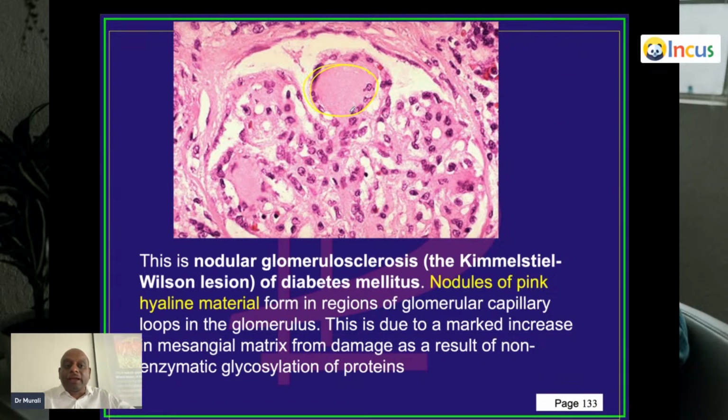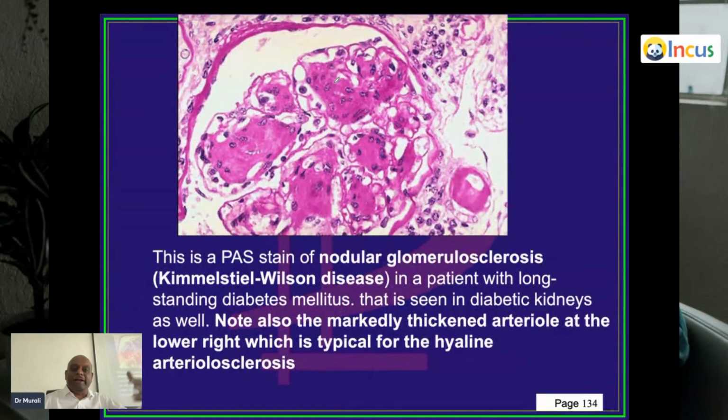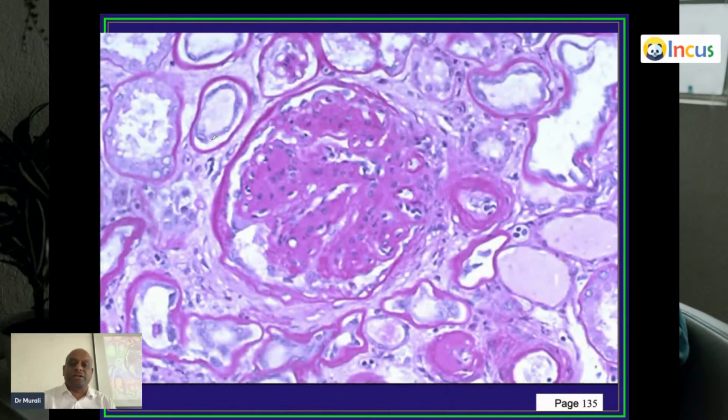Nodules of pink hyaline material in the glomerular capillary. And the nodular glomerulosclerosis, Kimmelstiel-Wilson lesions are the hallmark of diabetic nephropathy. This is another example of nodular Kimmelstiel-Wilson lesions. And this is how it leads to diffuse proliferative glomerulopathy.